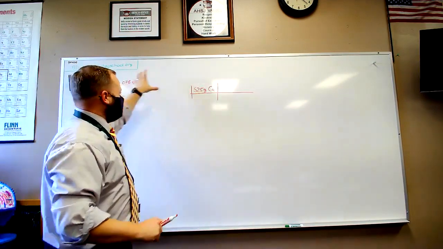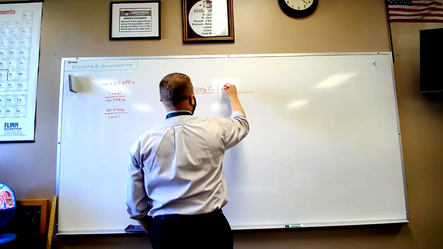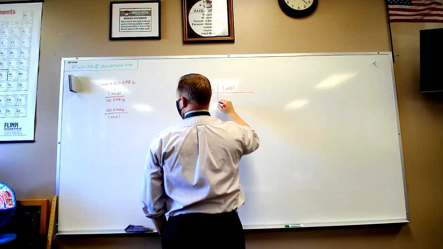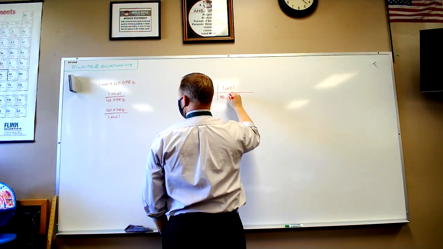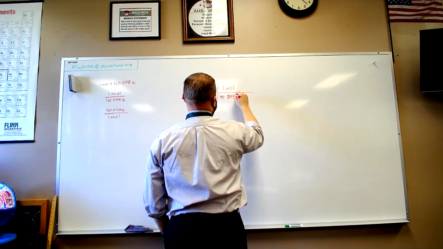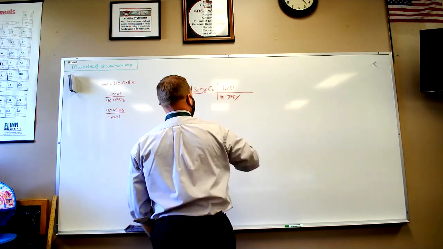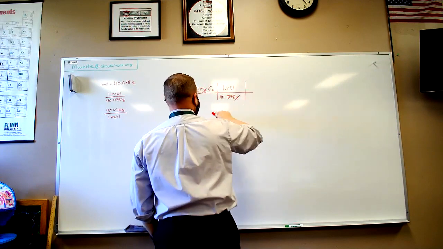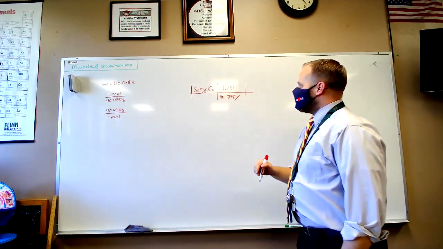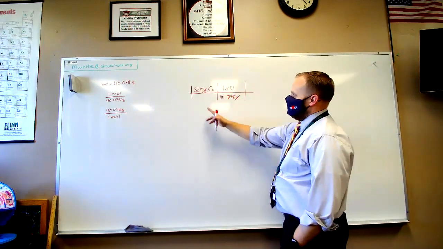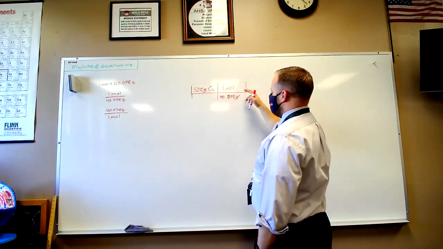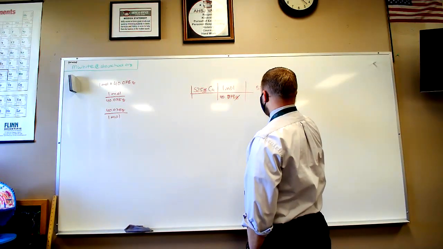So we bring this over here, say 1 mole on top, and 40.078 grams on the bottom. Top, bottom cancel out. The units we're left with is moles of calcium. So now we multiply across here, 525.